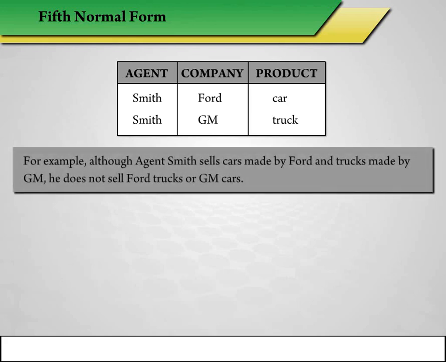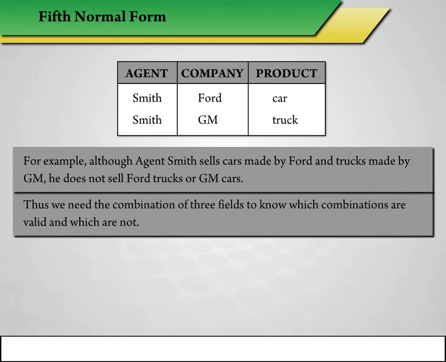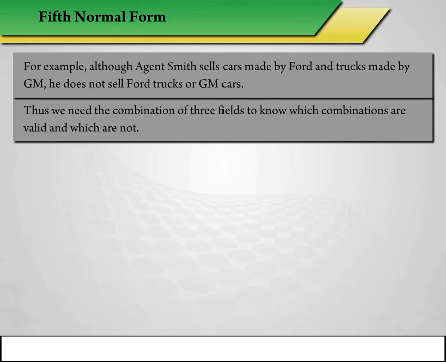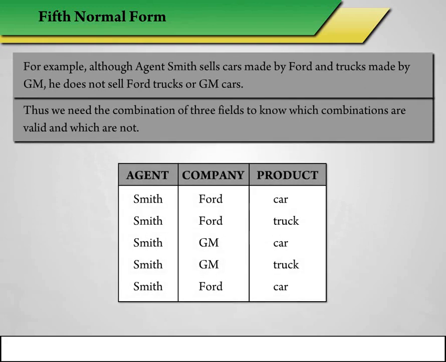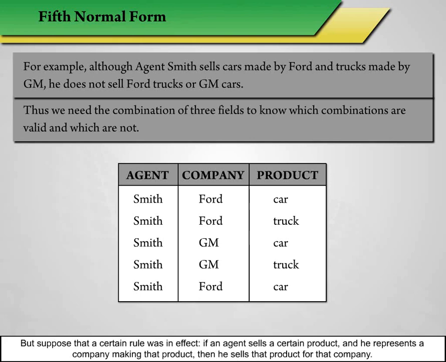For example, although agent Smith sells cars made by Ford and trucks made by GM, he does not sell Ford trucks or GM cars. Thus, we need a combination of 3 fields to know which combinations are valid and which are not. But suppose that a certain rule was in effect: if an agent sells a certain product and he represents a company making that product, then he sells that product for that company.